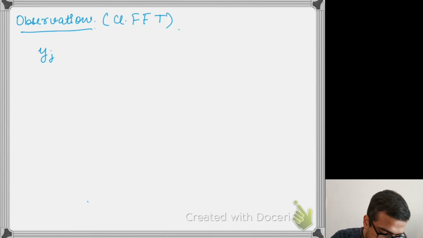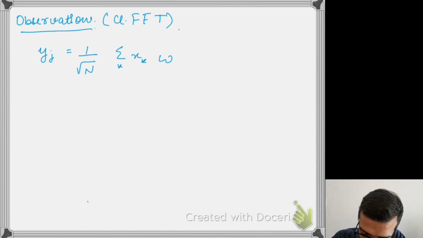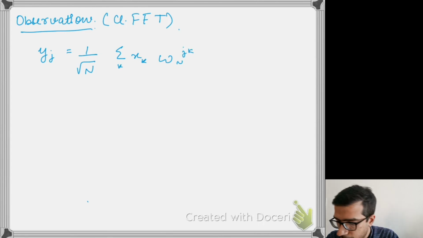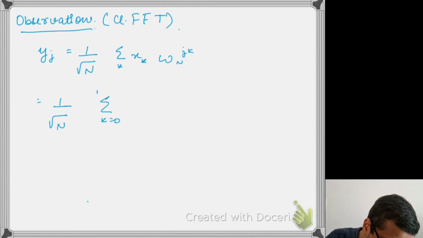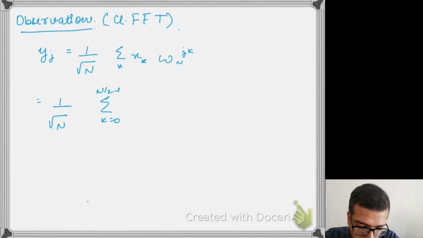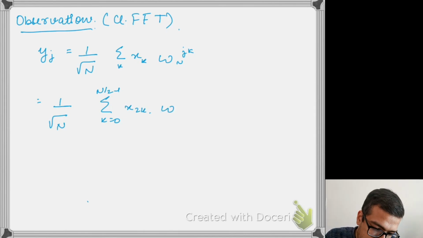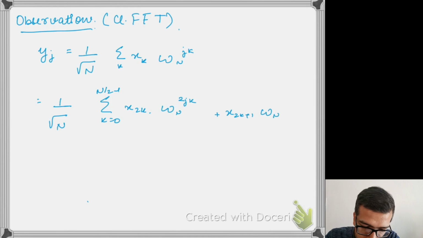So the observation is that y_j, if I write it as 1 over root n times sum over k x_k omega_n to the power jk, I can rewrite it as 1 over root n times sum over k from 0 to n by 2 minus 1 of x_2k omega_n to the power of 2jk plus x_2k+1 omega_n to the power of j times 2k plus 1.